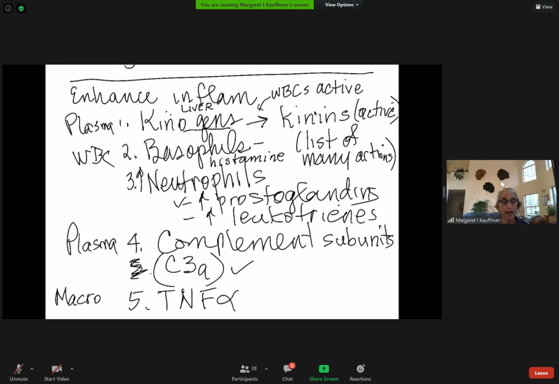Macrophages, once they're activated, so these free macrophages that come in, they start to release tumor necrosis factor alpha. There are multiple tumor necrosis factors, so the only one on your table is alpha. And if you look at its action on the table, it says promotes inflammation. So it does.